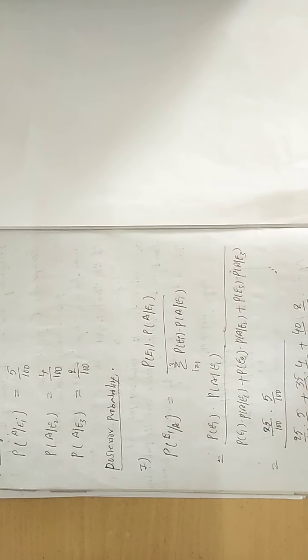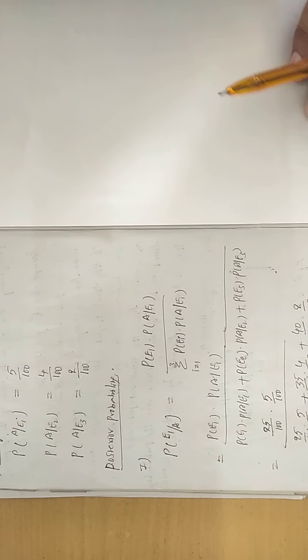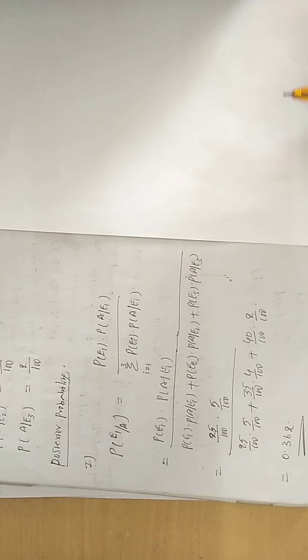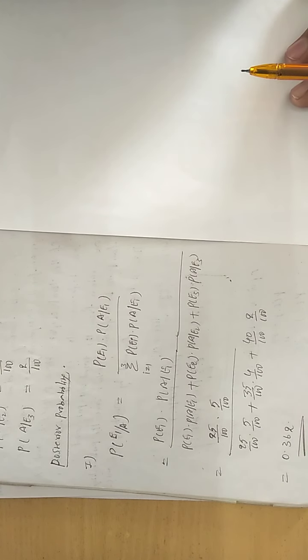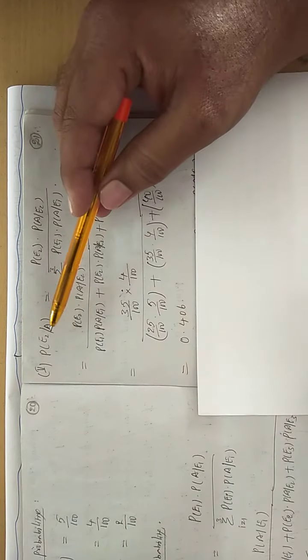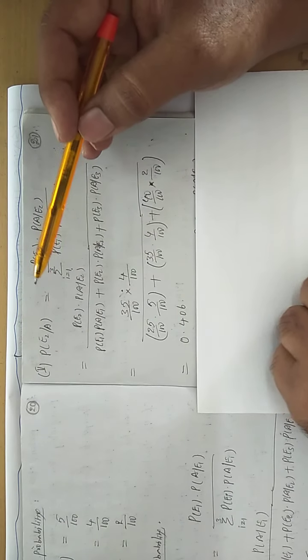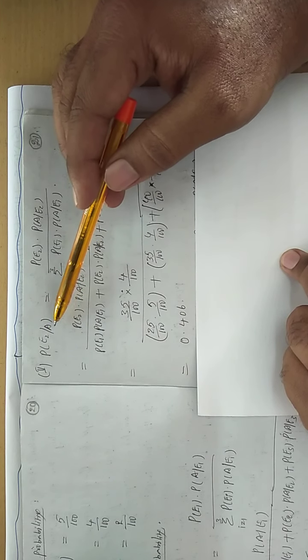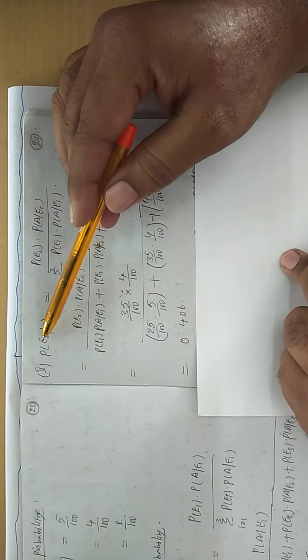The entire denominator information will be as it is. Now you go for the next posterior probability, probability of E2 given A. What is the meaning of that? The probability of selection of a defective bolt from machine B.